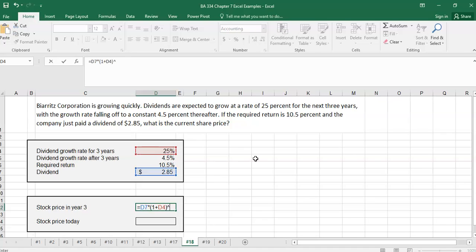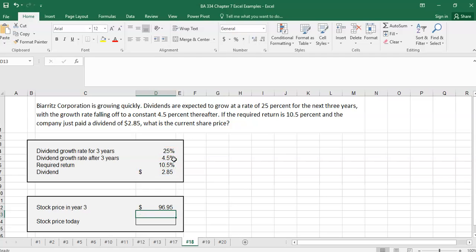That's to the power of 3 plus times 1 plus the growth rate after 3 years divided by the required rate of return minus the growth rate after 3 years. So that gives us a stock price in 3 years of $96.95.